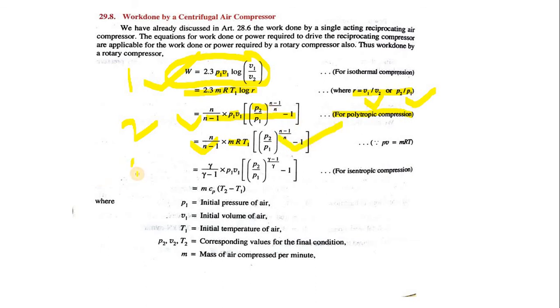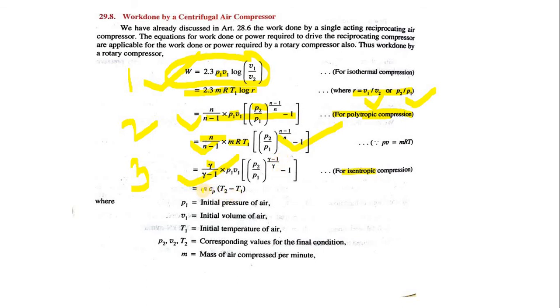Now the third is isentropic compression, where only n gets replaced by gamma. Gamma is the isentropic index, and n stands for the polytropic index. So W = gamma/(gamma-1) P1 V1 [(P2/P1)^((gamma-1)/gamma) - 1].